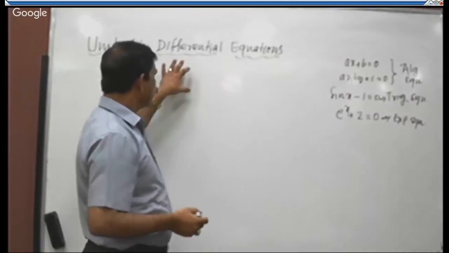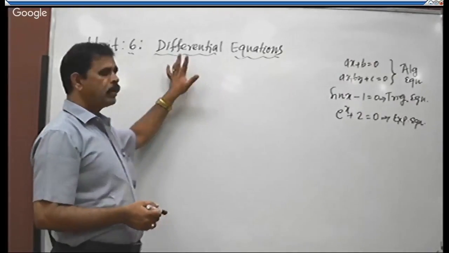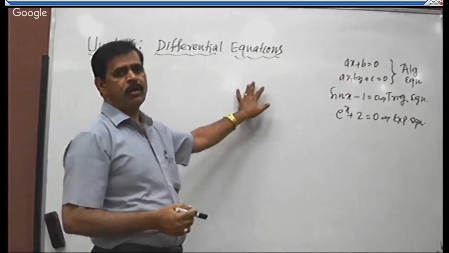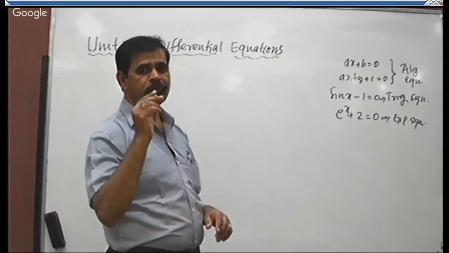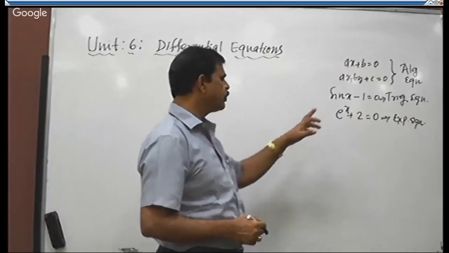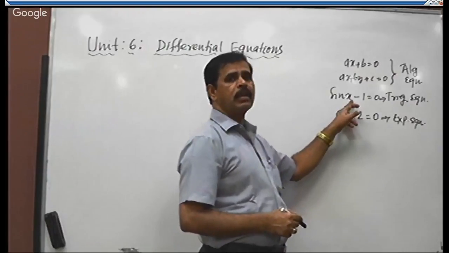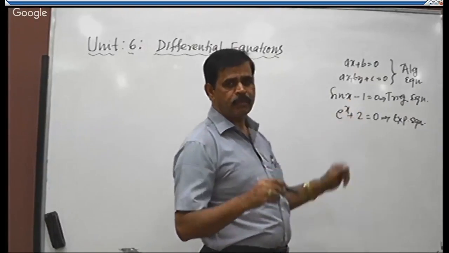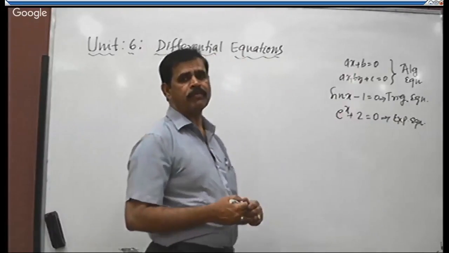Then based on that, we can define a differential equation. What is a differential equation? It is an equation which involves constants, variables, along with that, there will be differential coefficients.